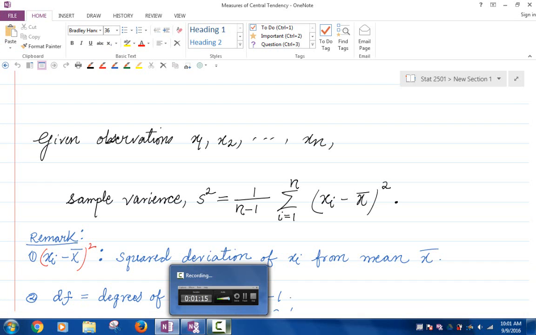If I have n observations, x1, x2, up to xn, then the sample variance, denoted by s squared, is given by 1 over n minus 1 times the summation i going from 1 up to n of (xi minus x bar) whole squared. Remember, x bar is the sample mean.